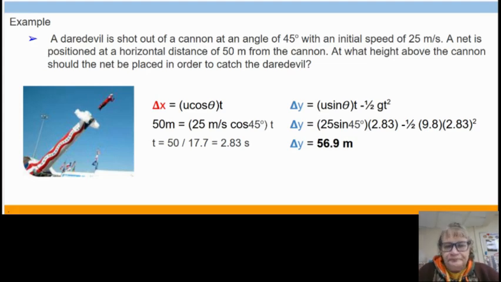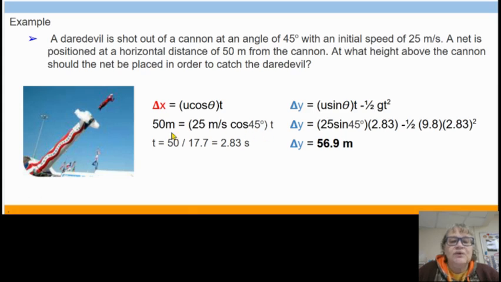Okay, so what that means is we know that the horizontal displacement is 50 meters, because it's 50 meters from the cannon, and that is equal to the initial velocity times the cosine of the angle, times t.